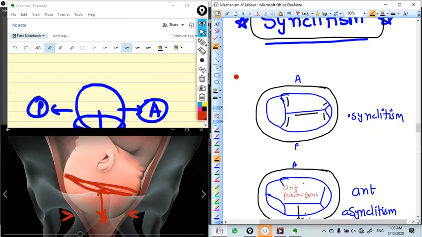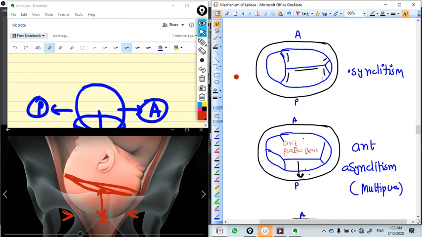Now, if the head is not very small relative to the maternal pelvis, what will it do? The head will tilt either anteriorly or posteriorly. If the head tilts anteriorly, then you are seeing the two parietal bones here.